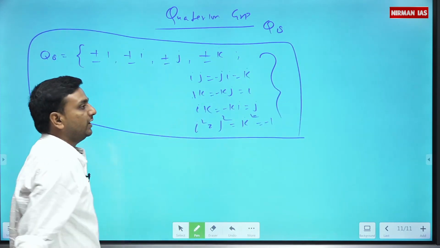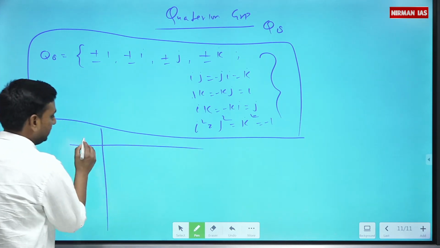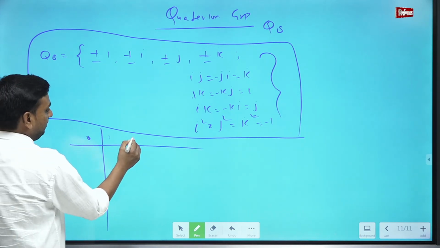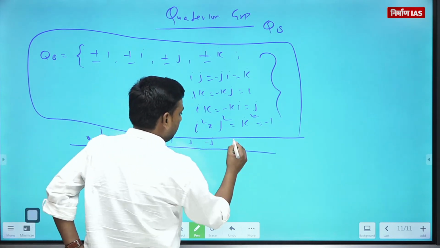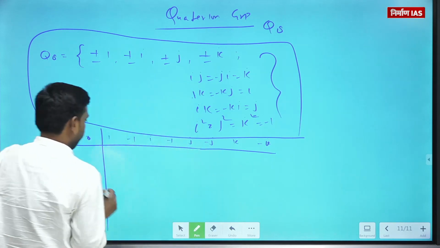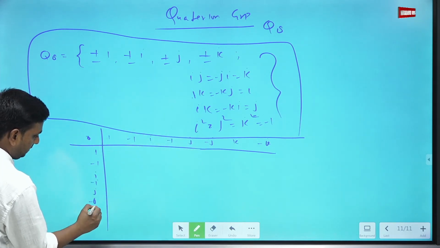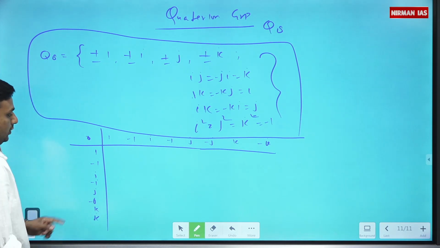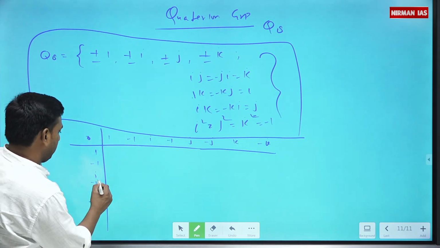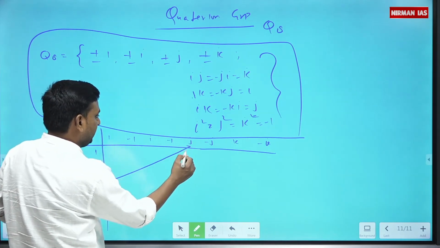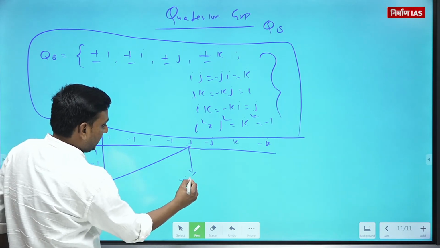This is Q8. Now how you will do the composition table: 1, minus 1, i, minus i, j, minus j, k, minus k. Let's say I will give you example 1 or 2. Let's say you want to calculate what is minus i into j. So this will be minus ij.